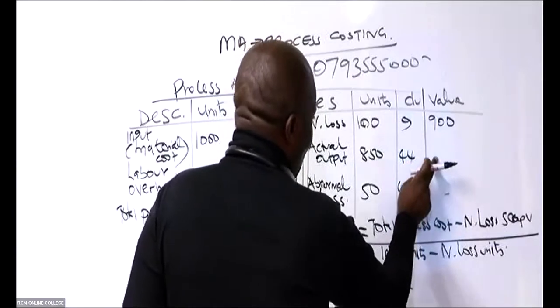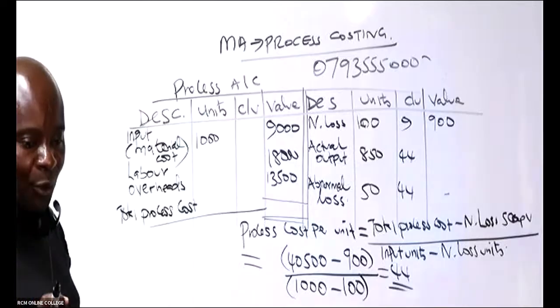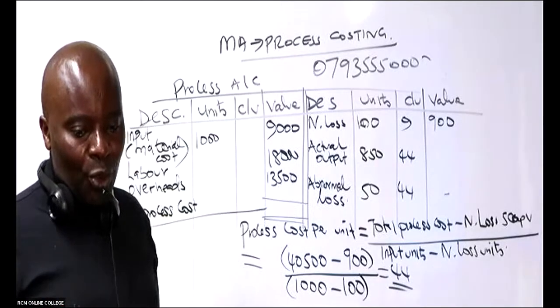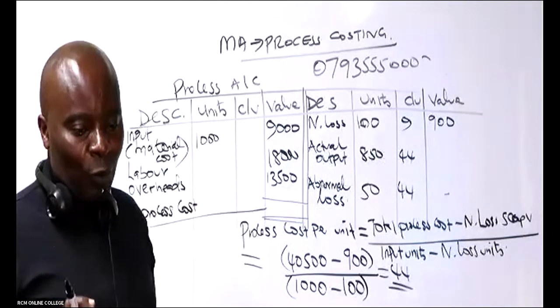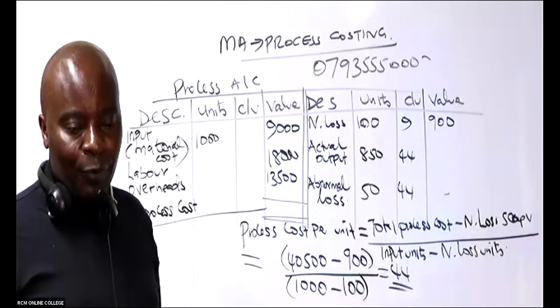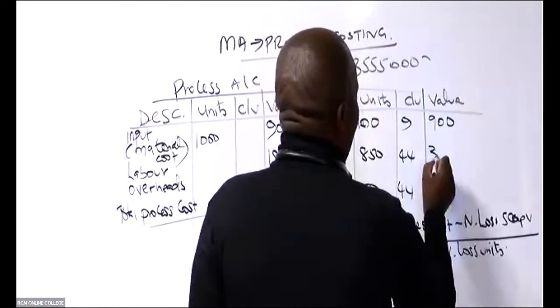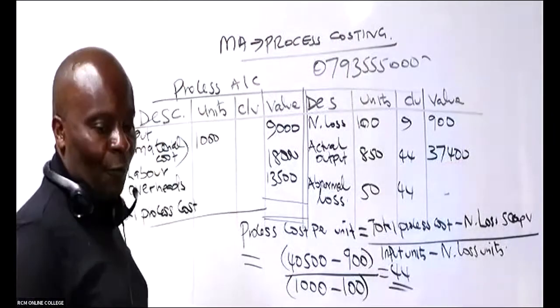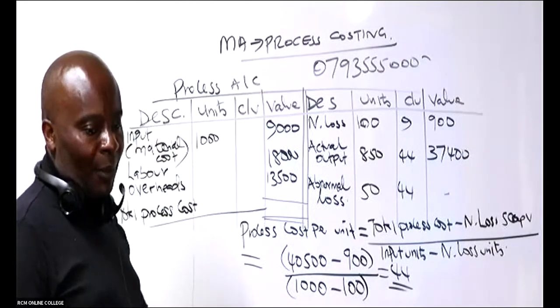And then you do your multiplications, you give me the totals. What will be the total value of actual output? 850 times 44 is 37,400, and then 50 times 44, because remember, this is per unit.